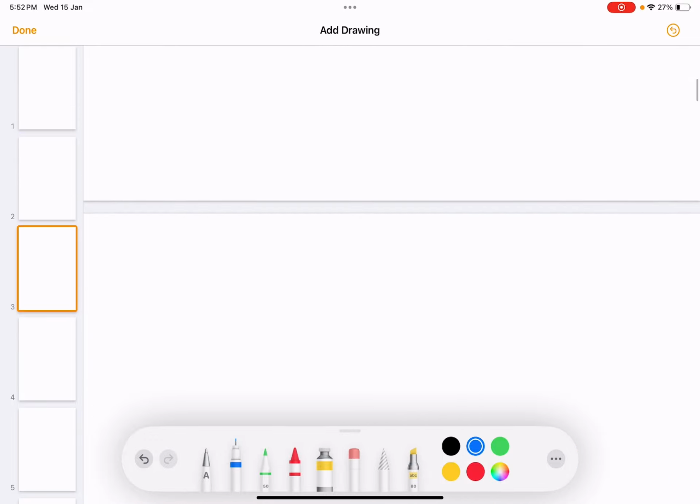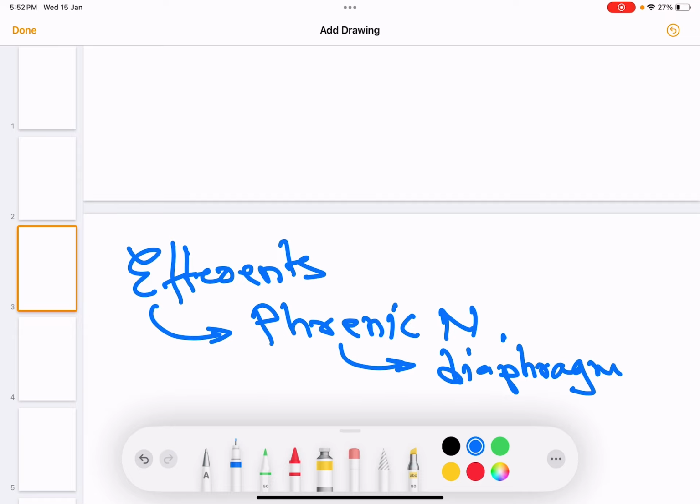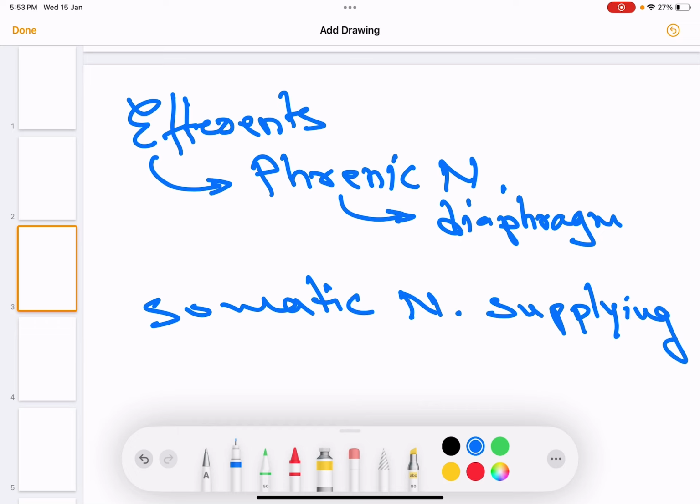Now it receives afferents from 4 regions, which we will discuss. It gives efferents to the phrenic nerve, which supplies the diaphragm, and somatic nerves supplying abdominal muscles.